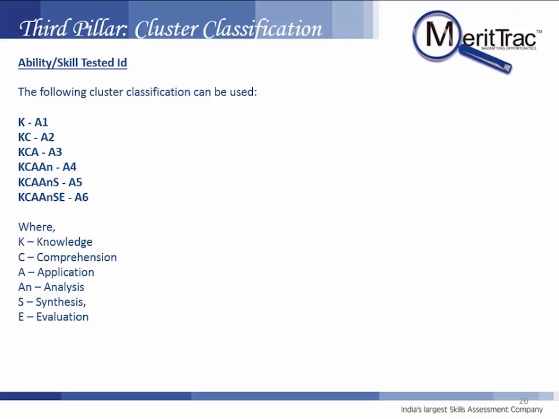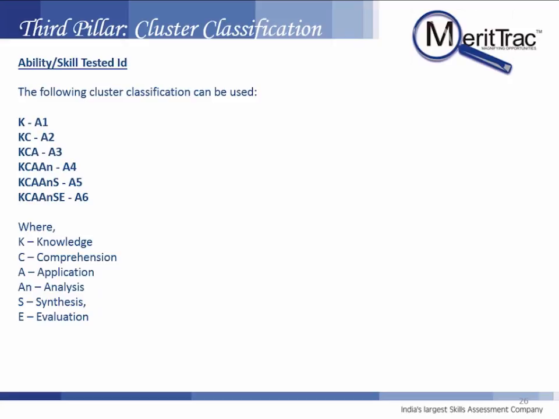Now, if your item is testing only the knowledge or the memory recall, we will call that cluster A1. If an item is testing knowledge and also the comprehension level, then we will put that item under cluster A2. If an item has knowledge, comprehension as well as application, we will call that A3.